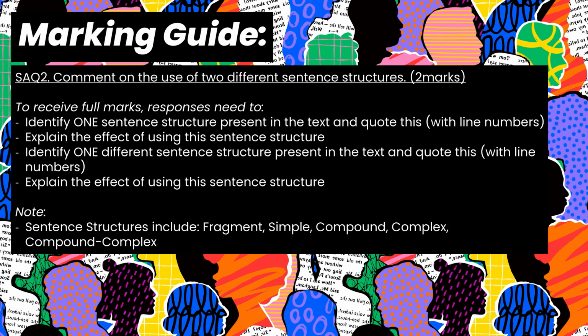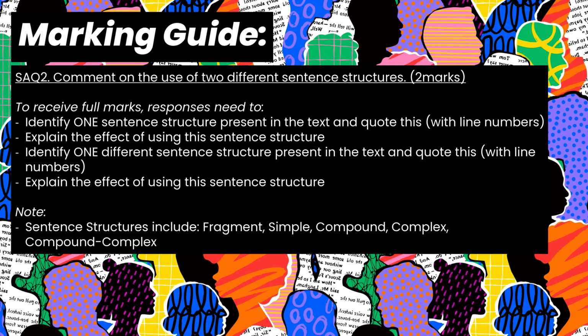This is a really tricky question because if you've correctly identified your first sentence structure and said that, for example, there is a simple sentence used, but you've incorrectly identified your second sentence structure, you've labeled the sentence complex when it's really compound because you've gotten tricked by those conjunctions, then you couldn't get that full mark.